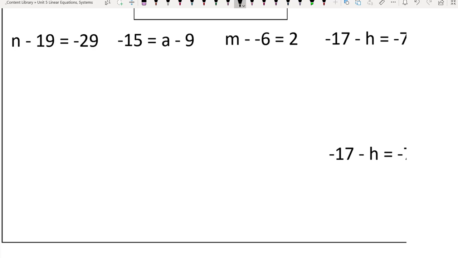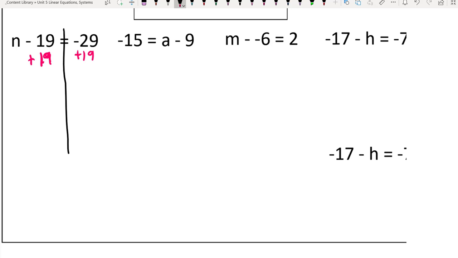My goal is still the same, to find the value of my unknown variable. I'm still going to use inverse operations. And I'm going to do whatever operation I do to one side, I'm going to do it to both sides. So in minus 19, I'm subtracting 19 from my variable, so to get rid of it, I add 19 to both sides, because the inverse of subtract 19 is going to add 19.